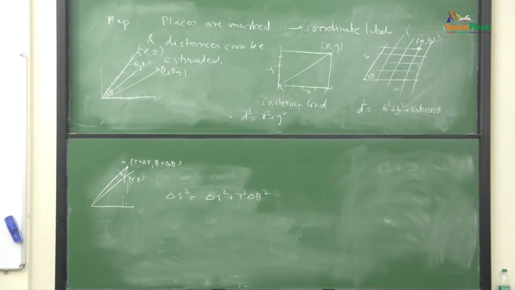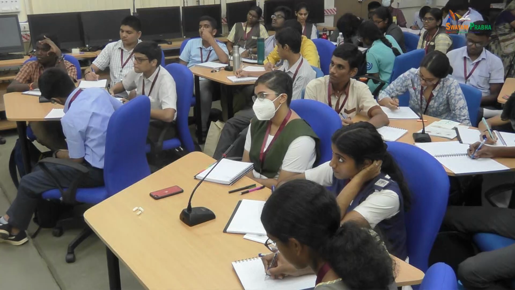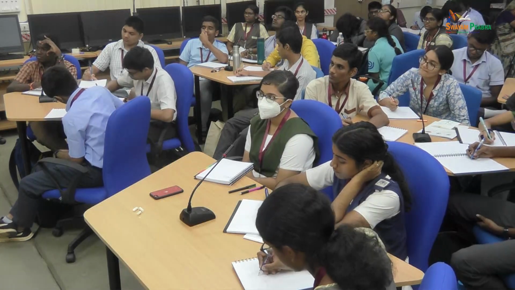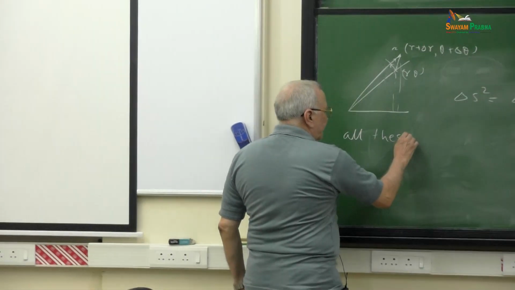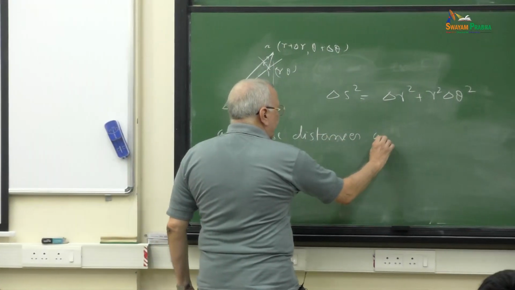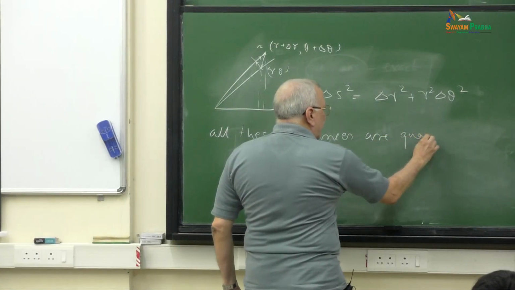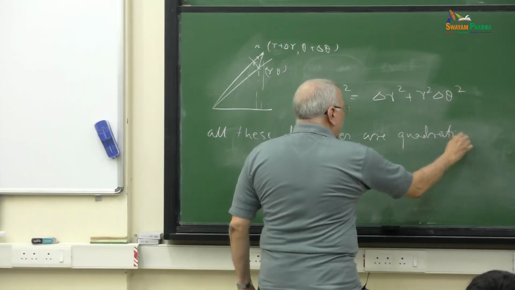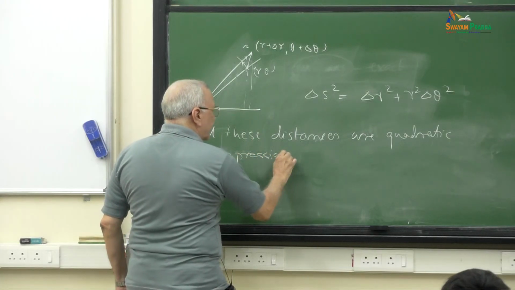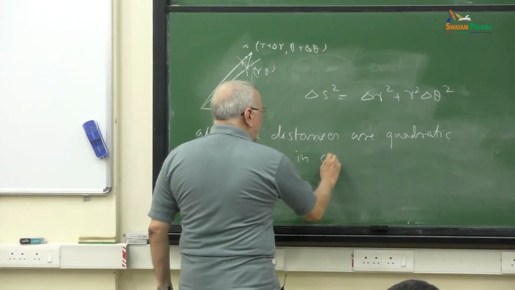In some way or other you either use vectors and then dot products, various things you do, but essentially that is what you use. One point to notice here is that all these distances are quadratic expressions in coordinate differences.